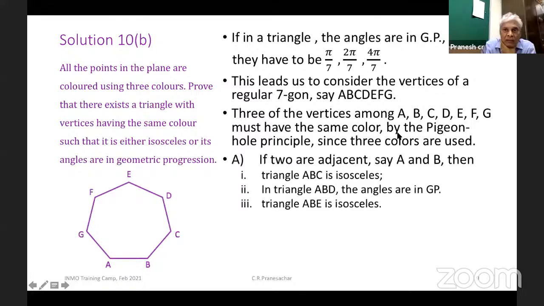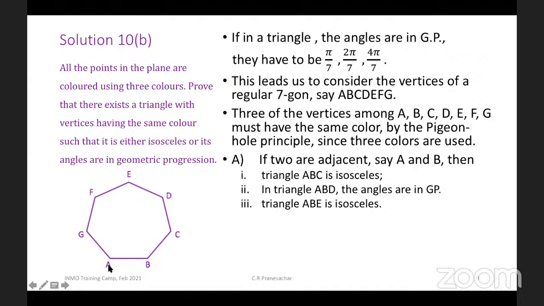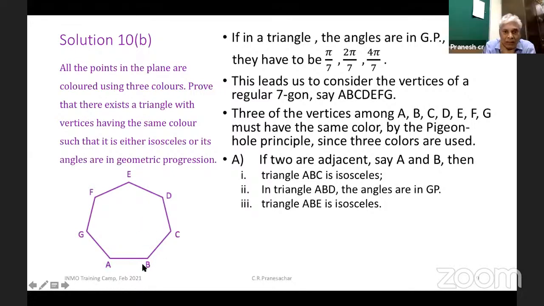Okay, so now among those 3 vertices, suppose 2 are adjacent, A and B are adjacent. Then what are the possibilities for the third vertex? If you take the third vertex as C and it has the same color, then ABC will be isosceles, because AB equals BC. But if you take ABD, then the angles of this triangle will be pi by 7, 2 pi by 7, and 4 pi by 7, because it's a heptagon.